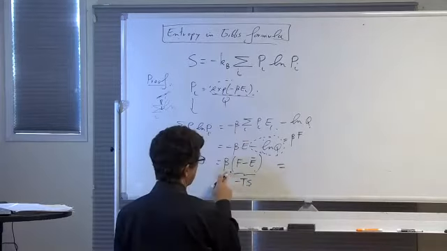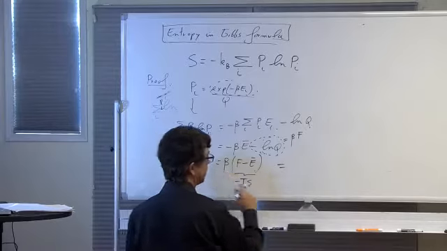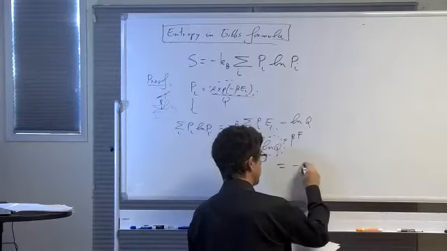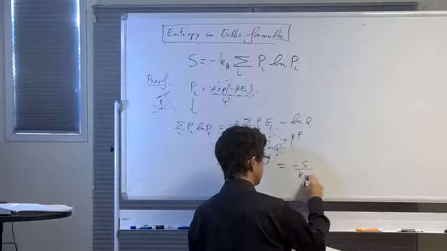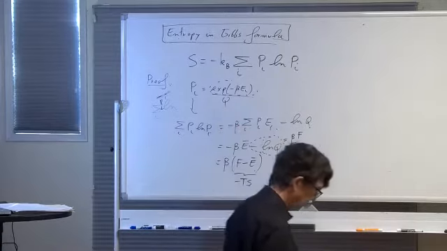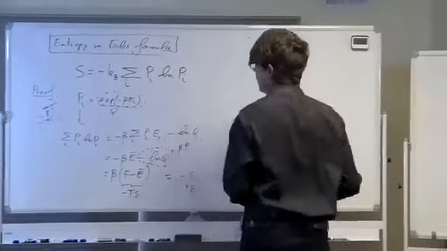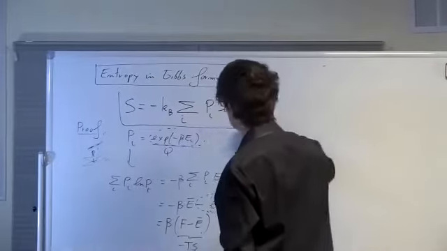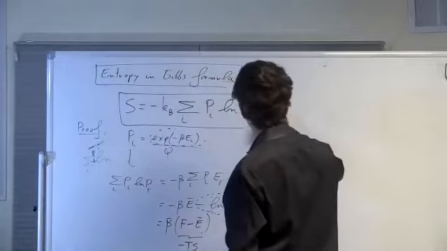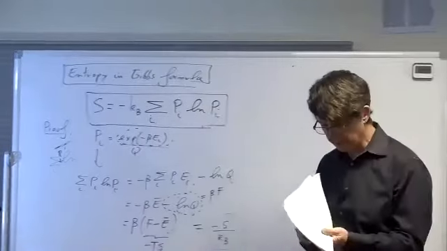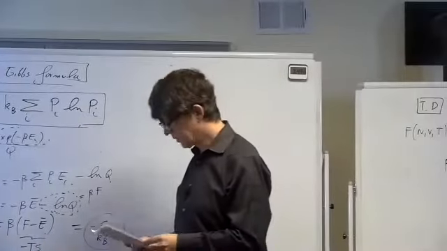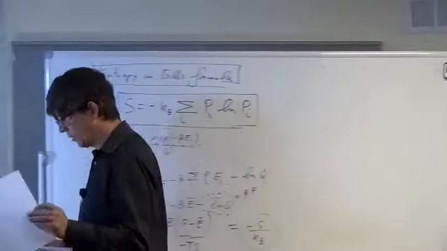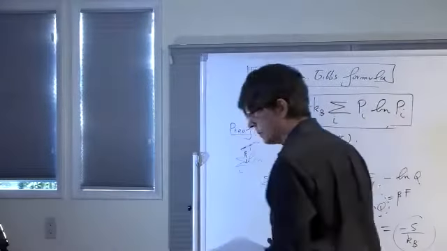So when I multiply by beta, beta is 1 over kT. So I've proven here that this is minus S over k_B. So I've just proven the Gibbs formula for entropy. And it's sometimes a little more practical than the Boltzmann one.